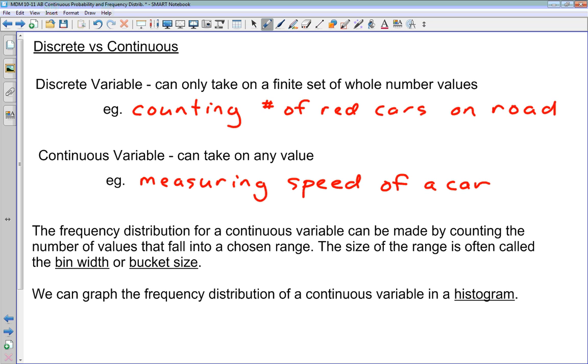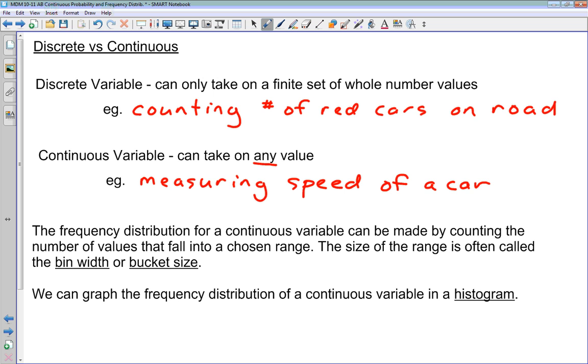So any of these possible decimal or fraction values are valid values for the speed of this car. Now, it's highly unlikely that our car's speed is going to take on a value like 200,000 miles per hour, and our range of values can't go up to infinity. But in between a sensible upper limit and a sensible lower limit, we can have any values, determined by how accurately we can measure it.